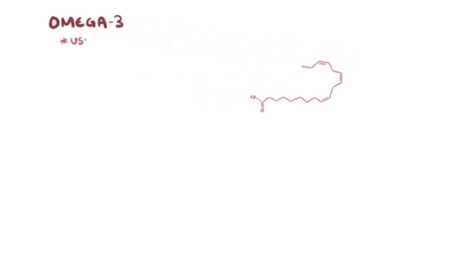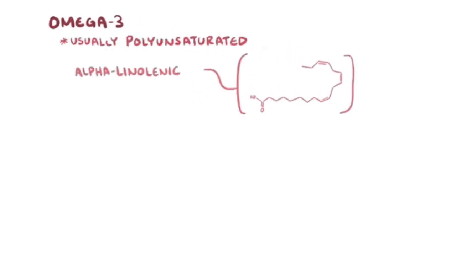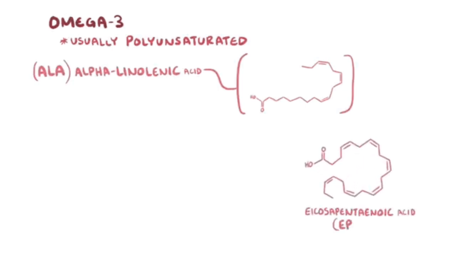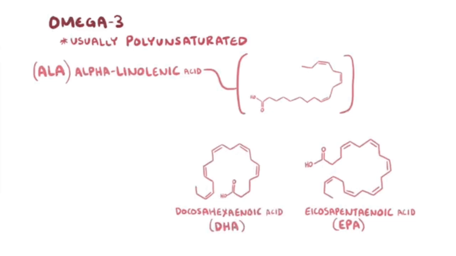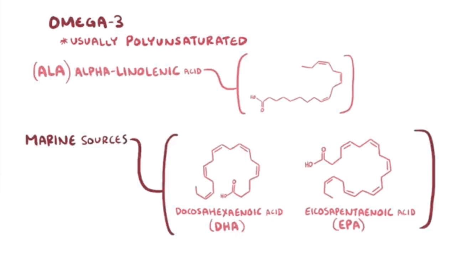Alright, so omega-3s are usually polyunsaturated fatty acids, and include alpha-linolenic acid, or ALA, eicosapentaenoic acid, or EPA, and docosahexaenoic acid, or DHA. EPA and DHA are marine sources of omega-3s.